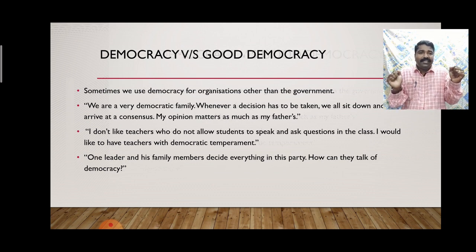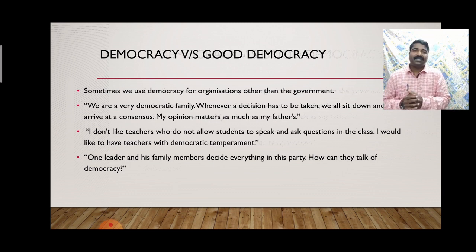Whenever a decision has to be taken, we sit together and arrive at a consensus. My opinion matters as much as my father's. You got it? We are a very democratic family. Why is the family democratic?